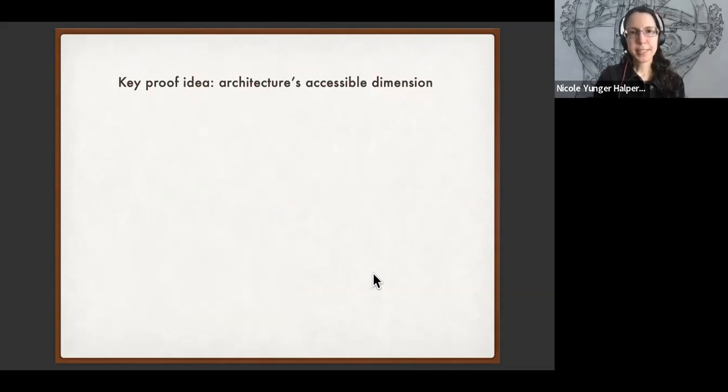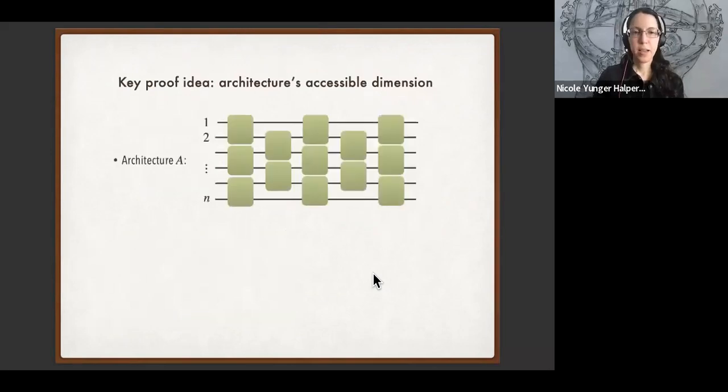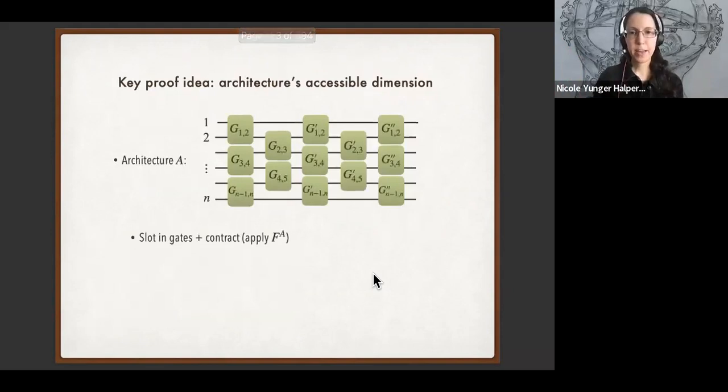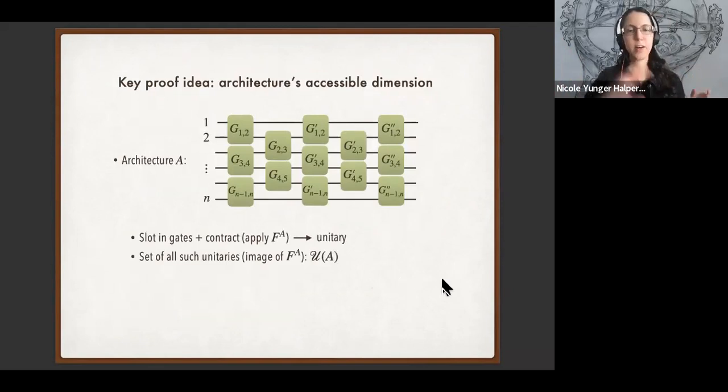The key idea behind the proof is a quantity that we call the accessible dimension of an architecture. Here's again an example of an architecture A. We said that if we choose gates to slot into the architecture and then we apply the contraction map, F_A, then we get a unitary. The set of all such unitaries that we can implement using this one fixed architecture is the image of this contraction map.